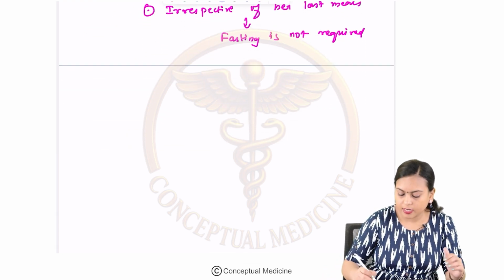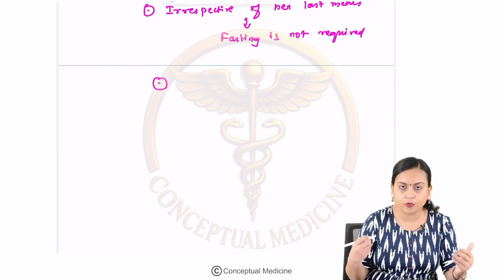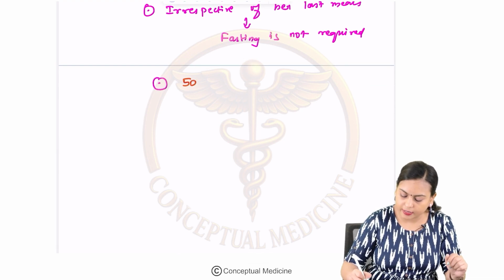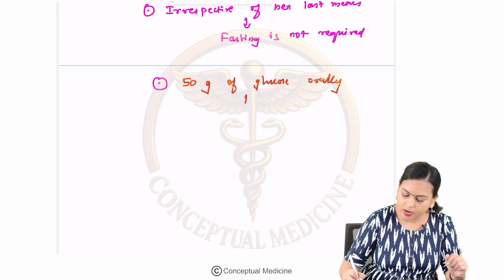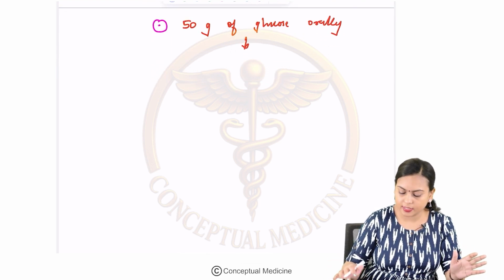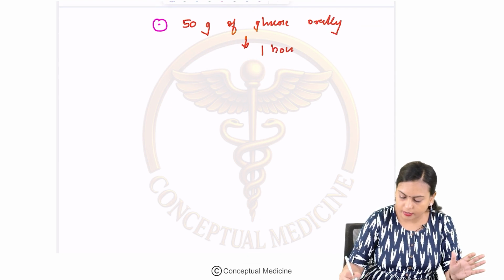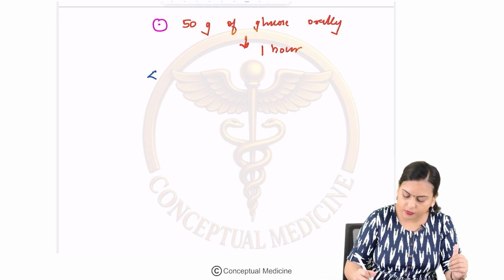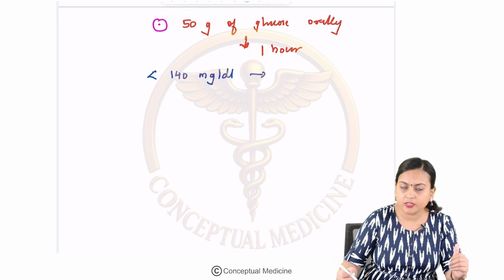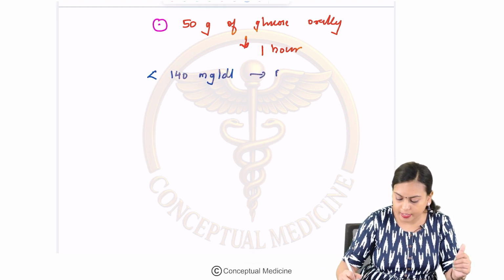In this test, we are going to give 50 gram of glucose orally, and you have to check the blood sugar levels after 1 hour. Now, we'll see the ranges. If the blood glucose level is less than 140 milligram per deciliter, then she can be taken as a non-diabetic person.